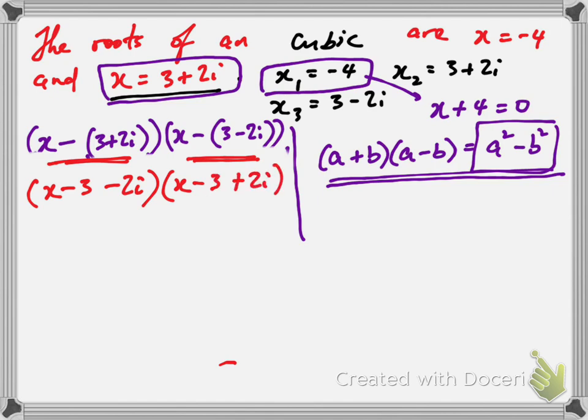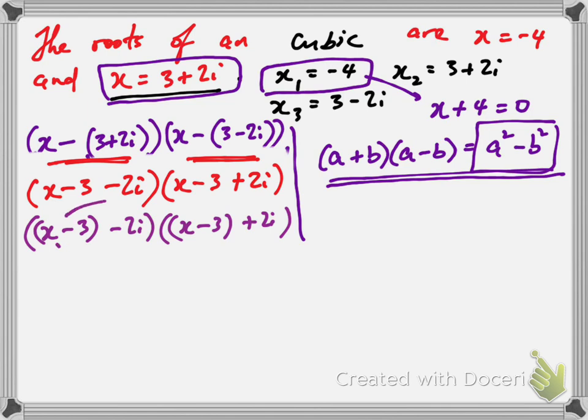Here you will note that you can now bracket them according to real and imaginary components. So it's x minus 3 minus 2i times x minus 3 plus 2i. Now we can use the difference of squares in a much more effective way.